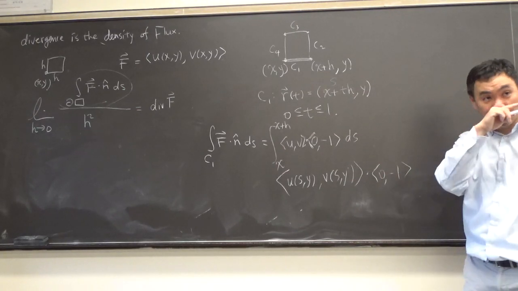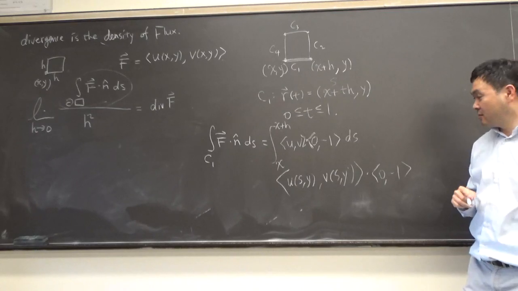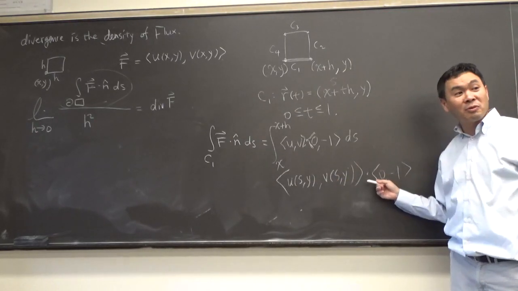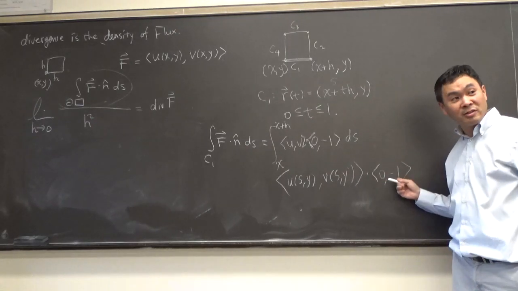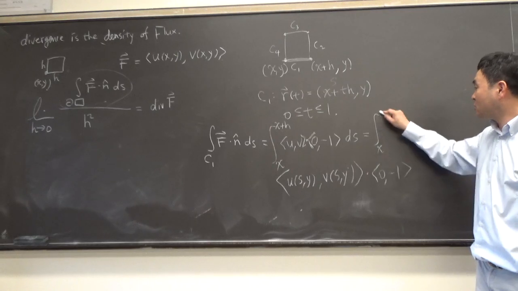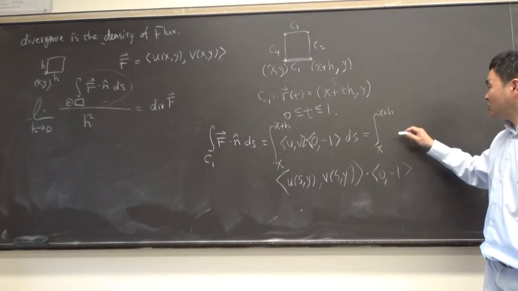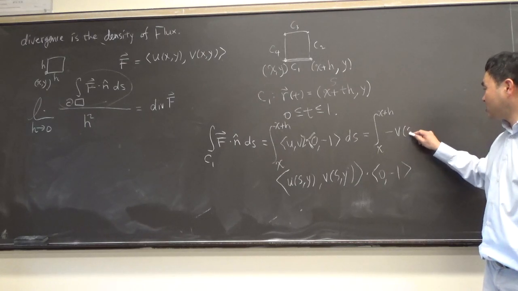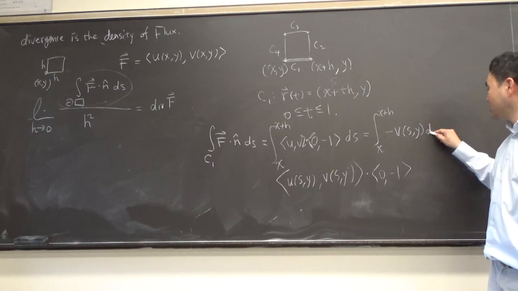What do you get? The dot product is: x component is multiplied by 0, y component multiplied, negative v. So this is just the integral from x to x plus h of negative v(s, y) ds.